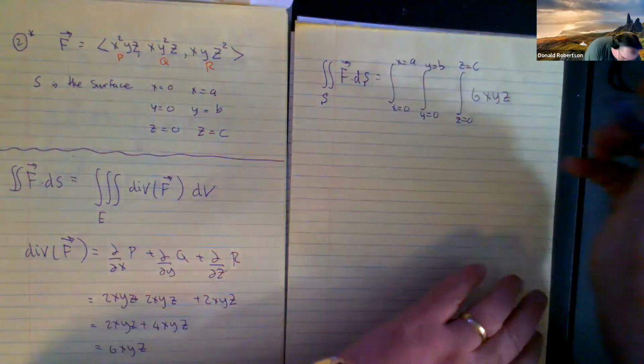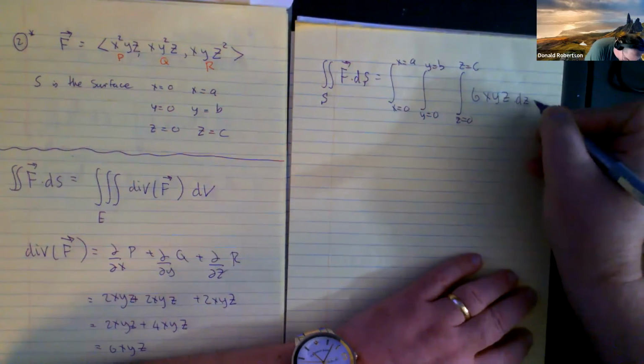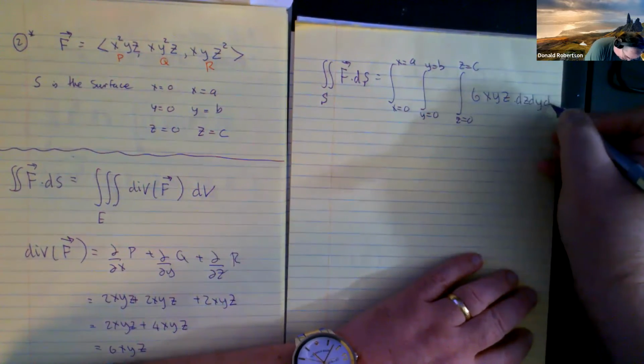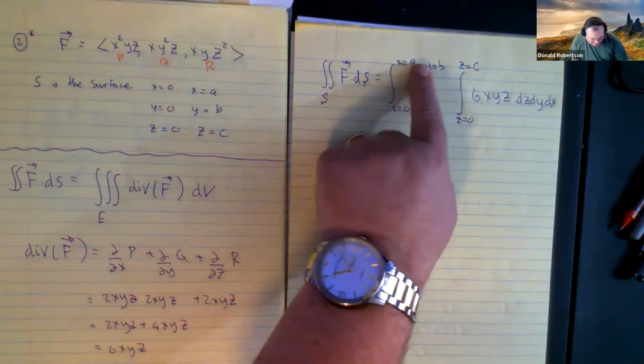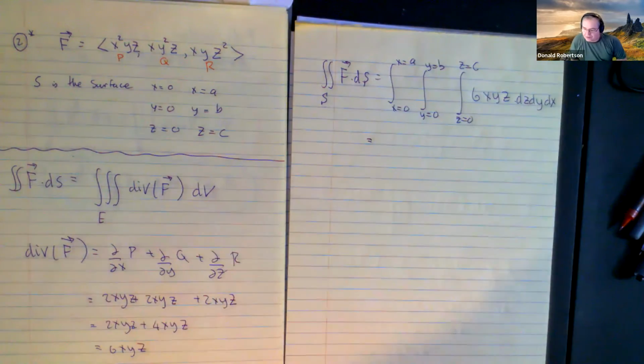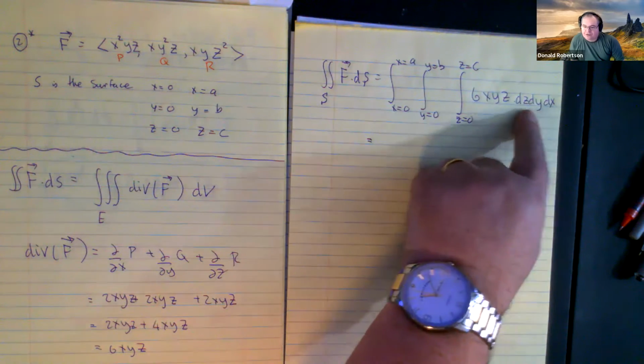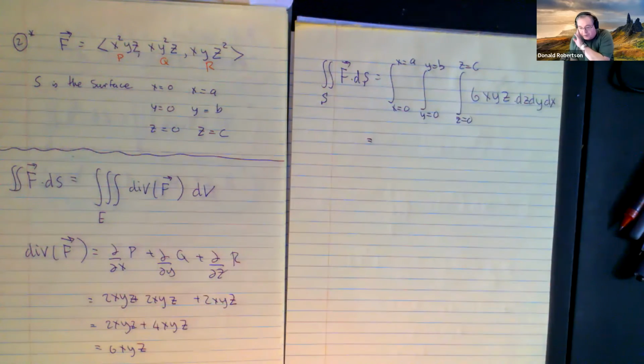And this one lends itself to doing a z, a y, and an x. a, b, and c are constants, they're just numbers. Does this triple integral separate?